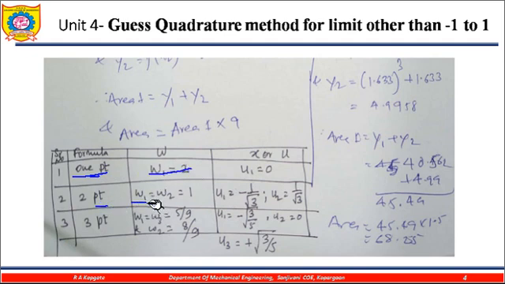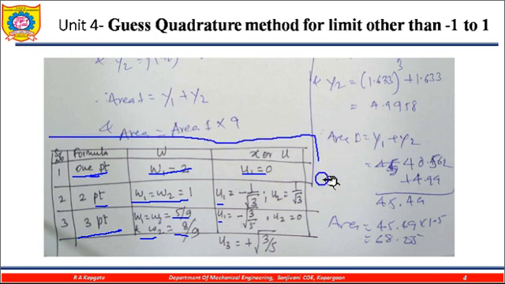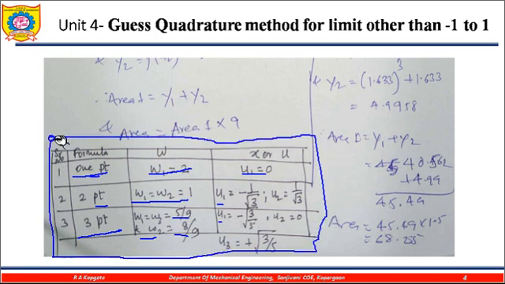If there is a 2-point formula, w1 and w2 are equal to 1. If there is a 3-point formula, w1 and w3 are 5 by 9 and w2 is equal to 8 by 9. Similarly, here x1 is equal to 0. Here x1 is equal to minus 1, this is plus 1, this is minus 3 by 5. So keep in mind this formula very perfectly and try to get the solutions for the problems.